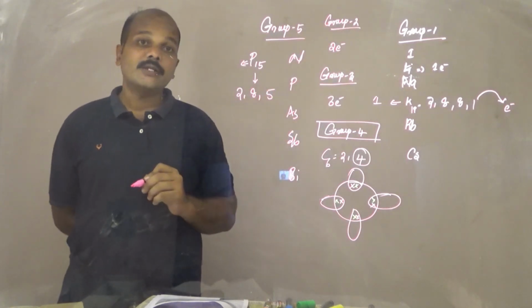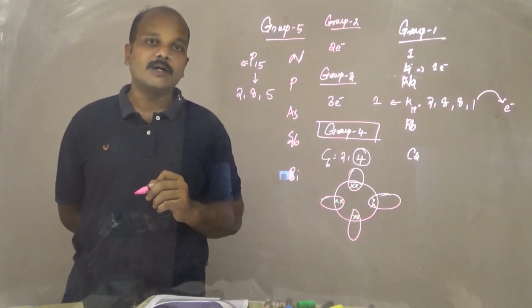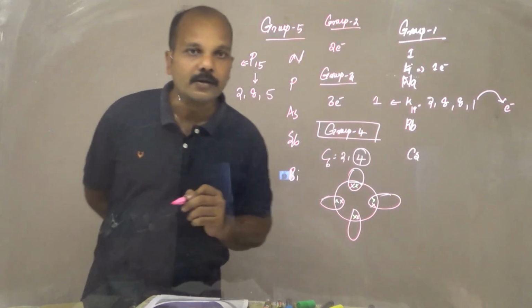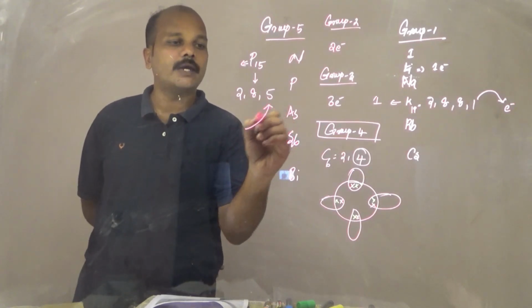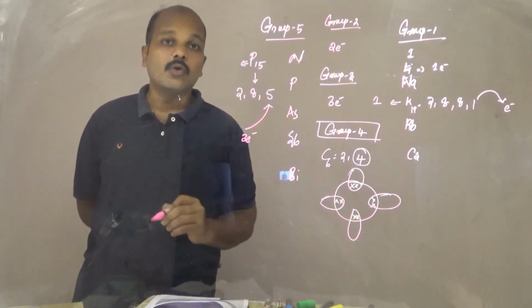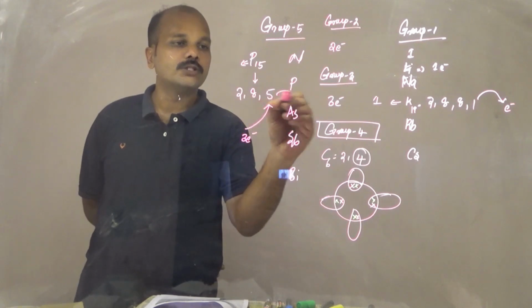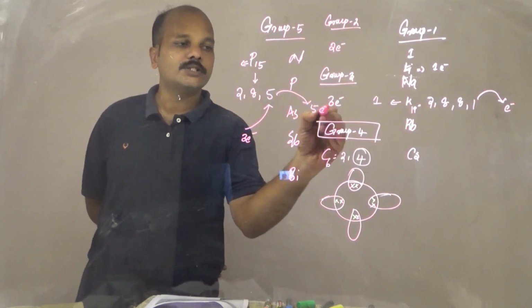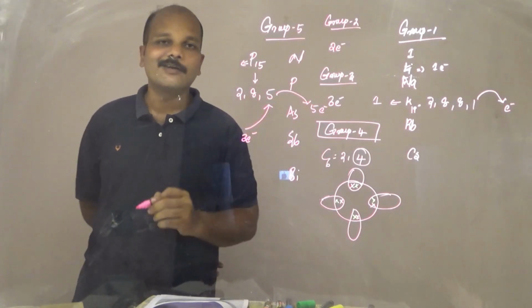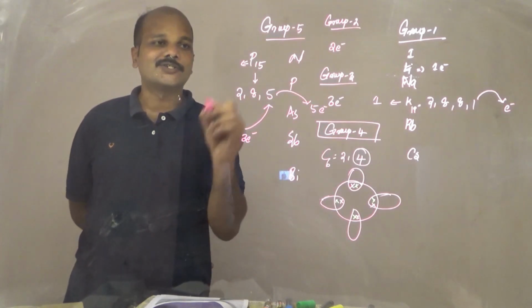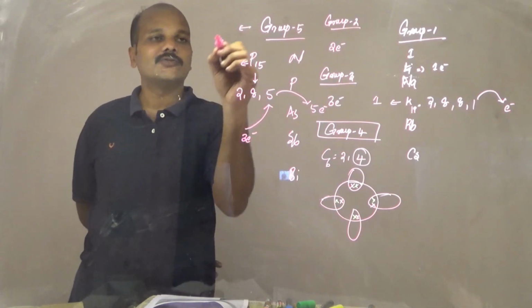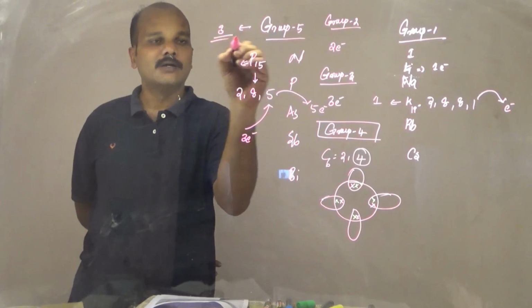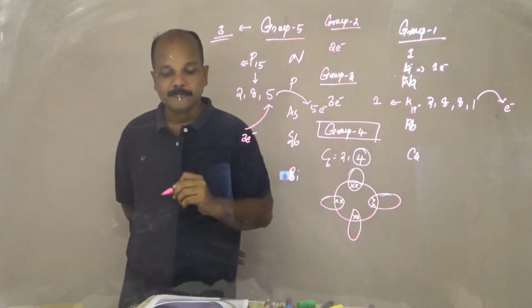If it wants to attain an octet, it is supposed to either gain 3 electrons or lose 5 electrons. Gaining 3 electrons is the easiest task. So group 5 elements normally have valency 3.